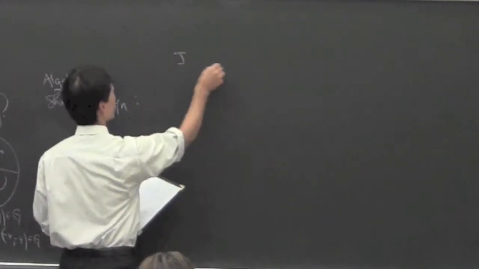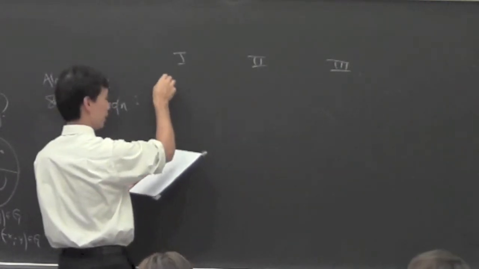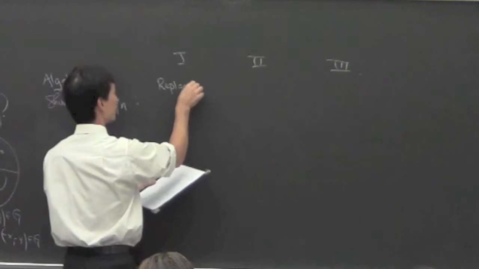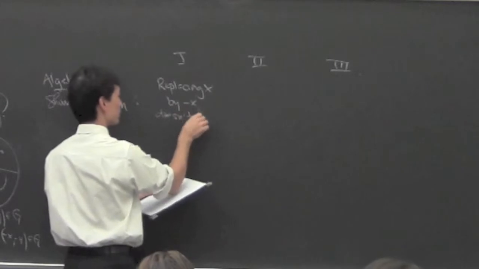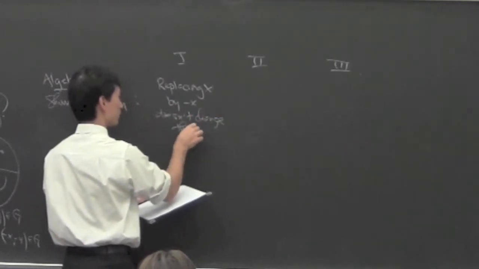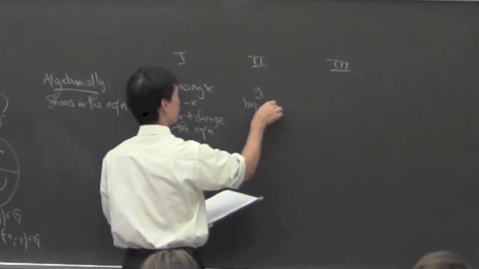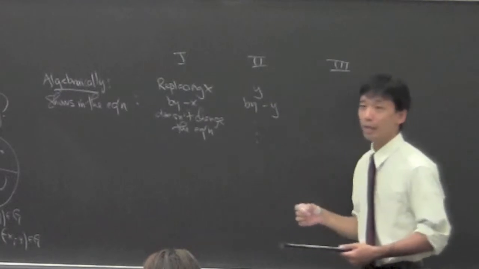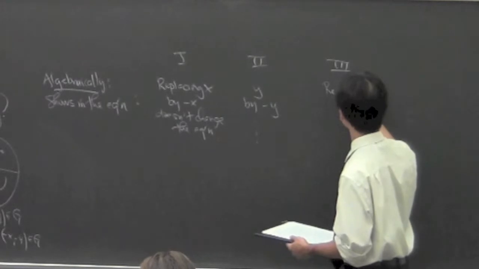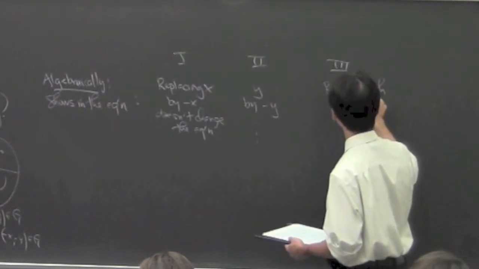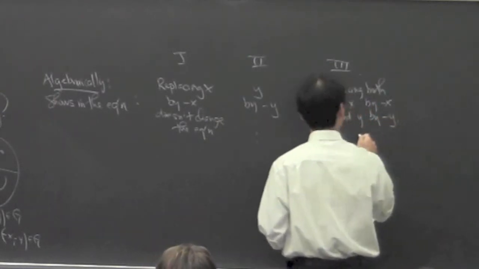In the first case, replacing x by negative x doesn't change the equation. In the second one, replacing y by negative y doesn't change the equation. And in the third case, replacing both x by negative x and y by negative y doesn't change the equation.